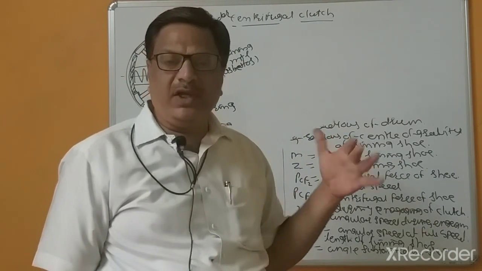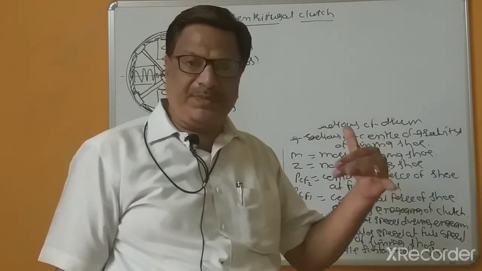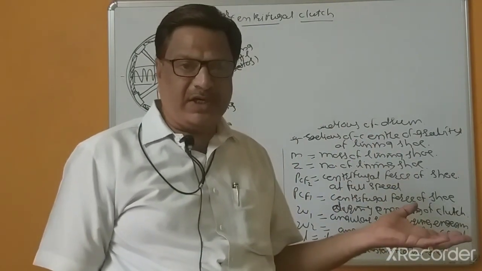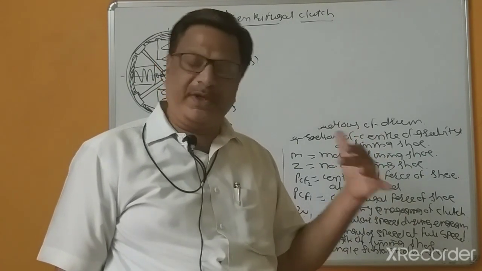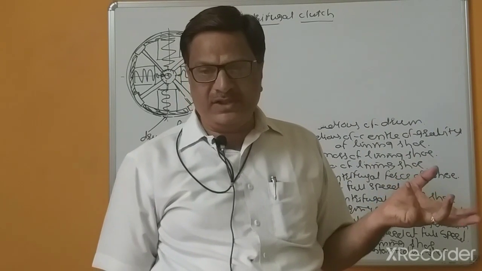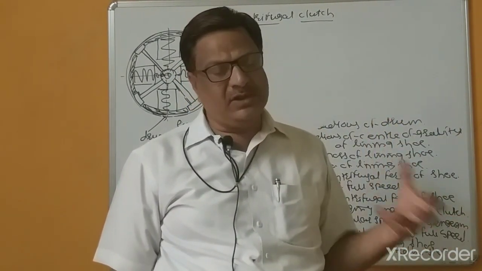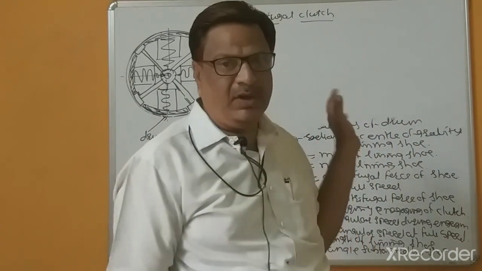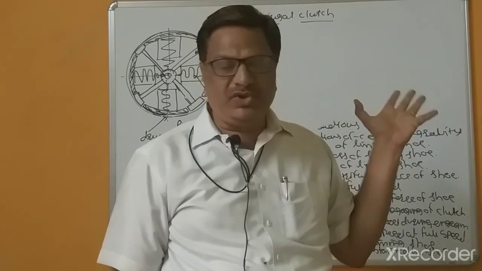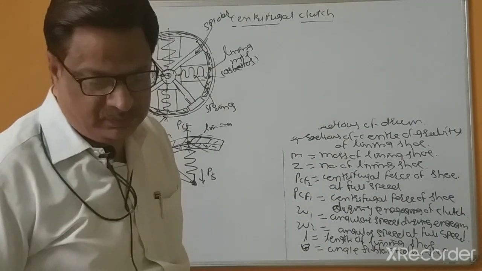So it engages and disengages automatically according to speed variations: as speed increases, engagement starts, and at full running speed it stays engaged; when the load demand decreases and the speed drops, it disengages. This can also be used in generators according to speed requirements.